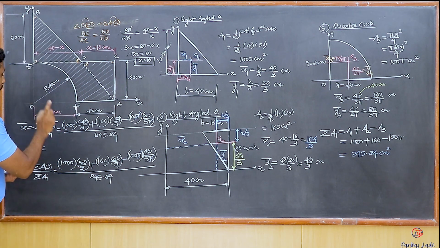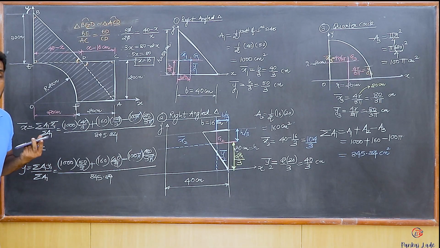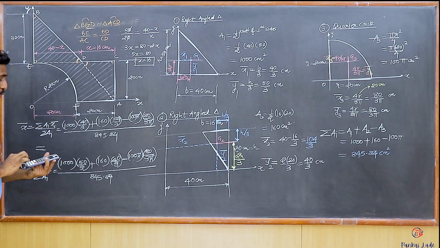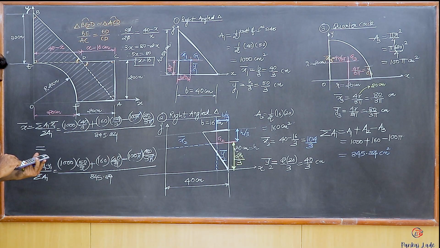So students, let's get the value of x bar. First of all, be very careful while doing the calculations. You have to be very attentive while doing the calculation. Look at the numbers, look at the signs, and only then get your answer. So that's 1000 multiply with 40 upon 3, then plus 160 into 104 divided by 3, then students minus 100 into 80 divided by 3.